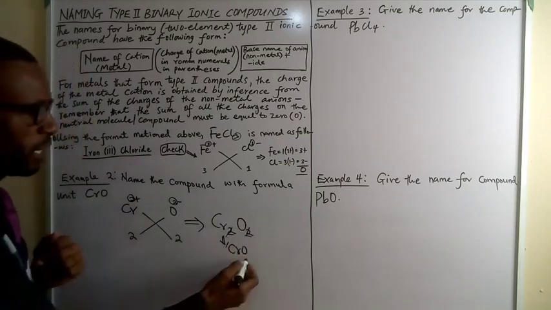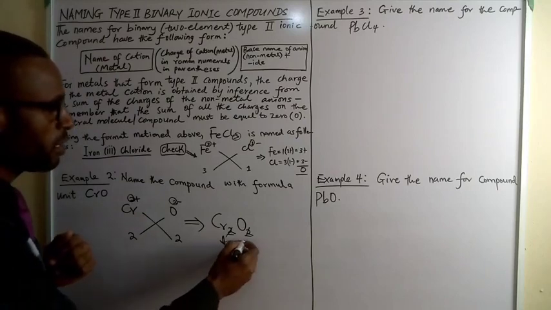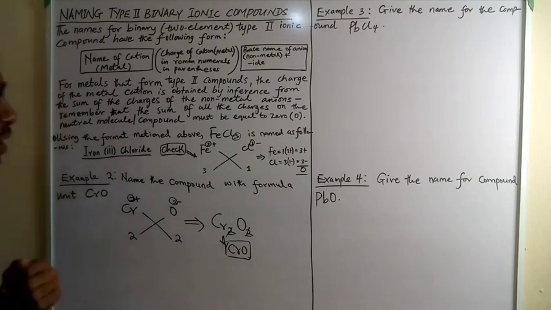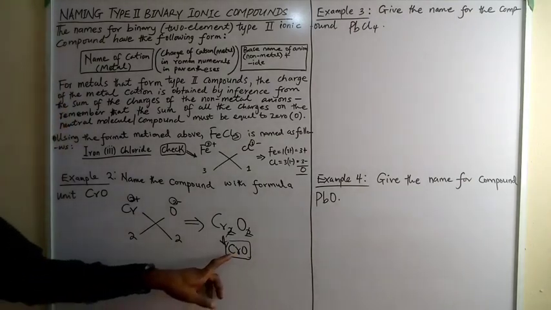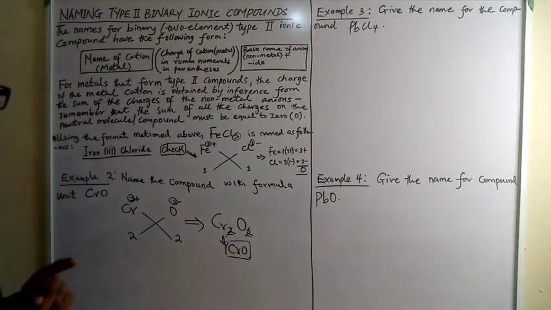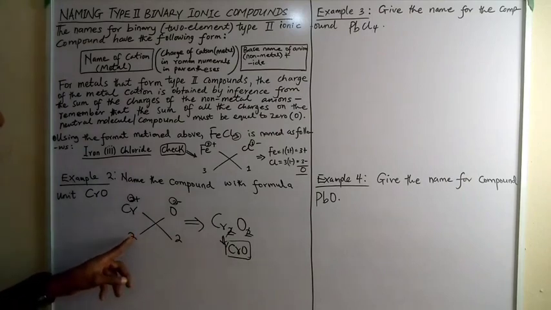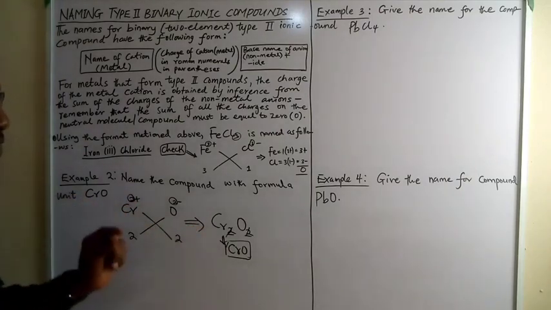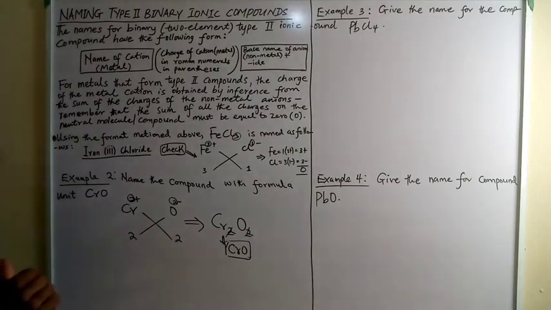But because this is CrO, it doesn't mean that the charge on the chromium is 1. No, the charge on the chromium, as you can see, is 2 plus, because that charge is what you use in naming this particular compound. Pay attention to all of this.